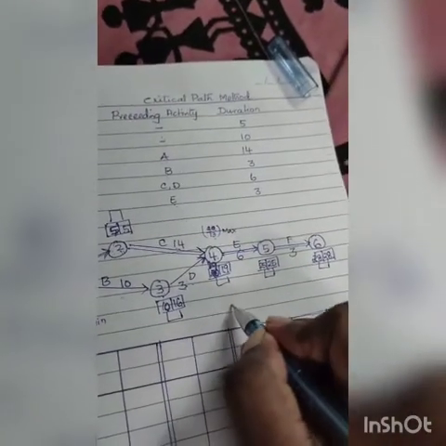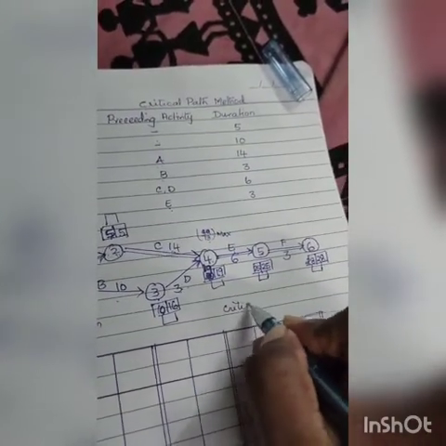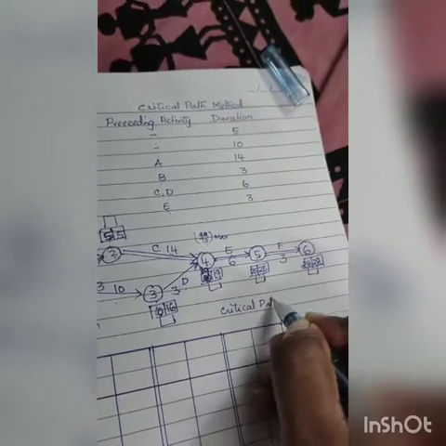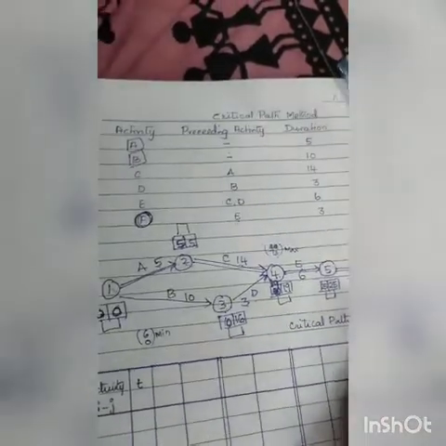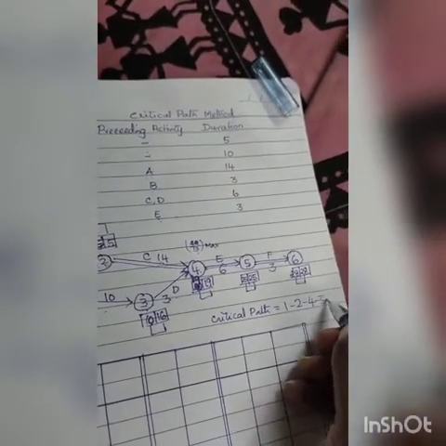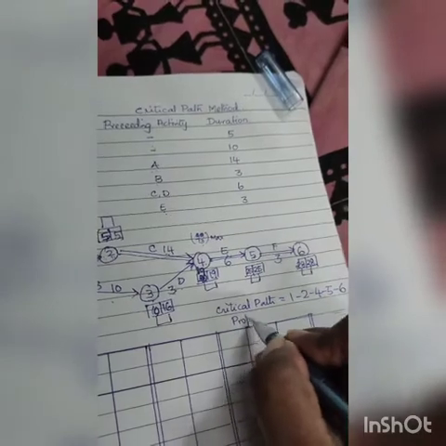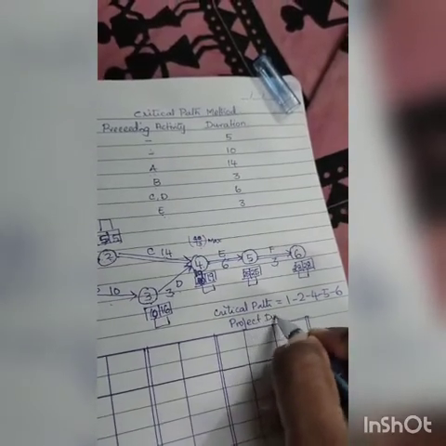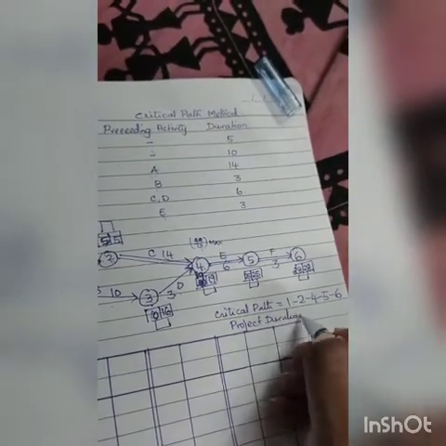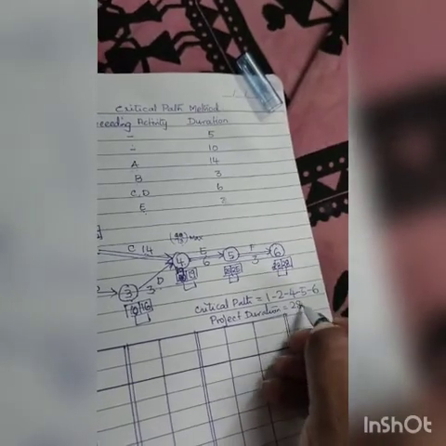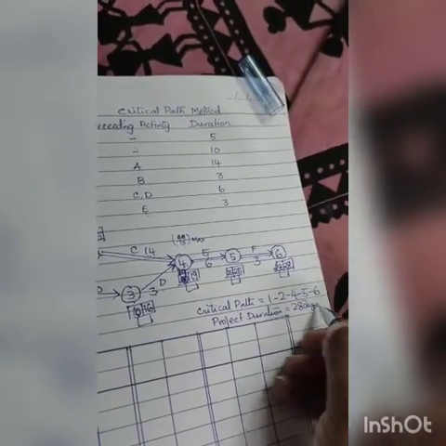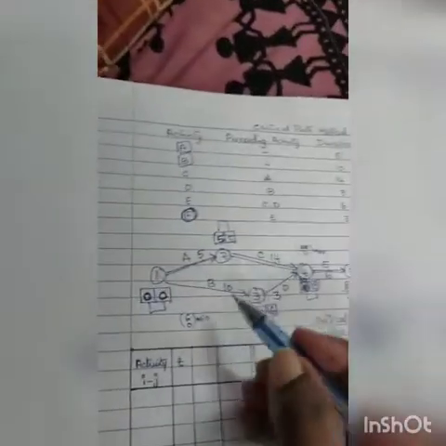My critical path is 1 to 2, 2 to 4, 4 to 5 and 5 to 6. And my project duration is 28 days. So this is my first step of the answer.